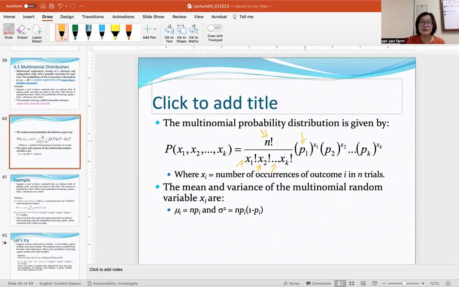So P1 is the successful rate for X1, P2 is the successful rate of X2, and Pk is the successful rate for Xk. And the mean and variance for the multinomial is quite simple. You need to find the multinomial successful rate, the Pi. I'll give you an example, and it's quite similar to the binomial mean and variance.